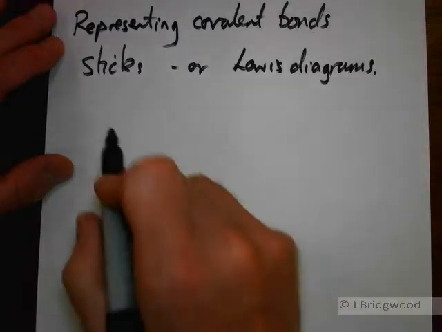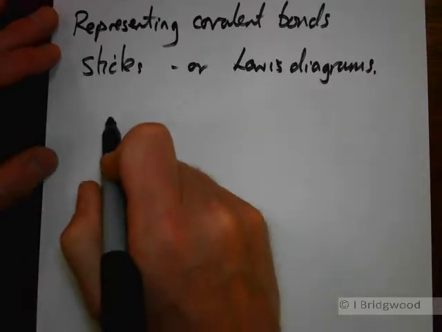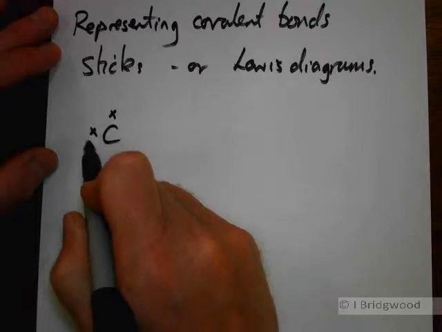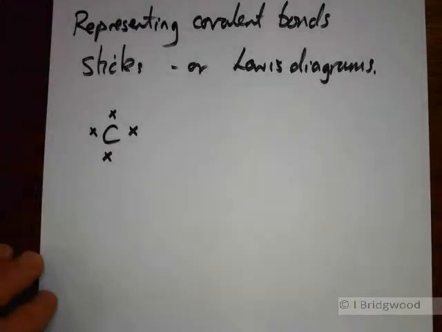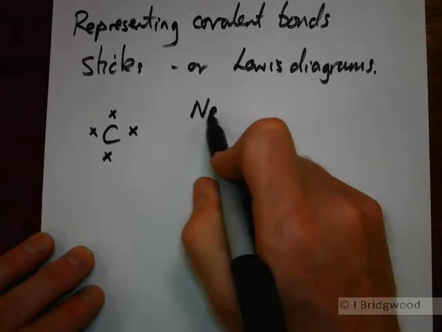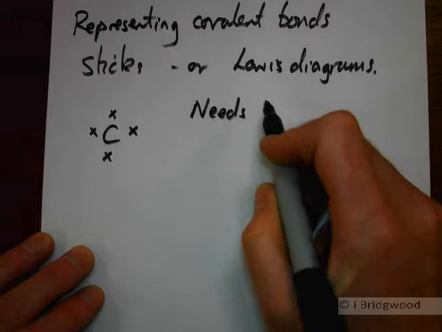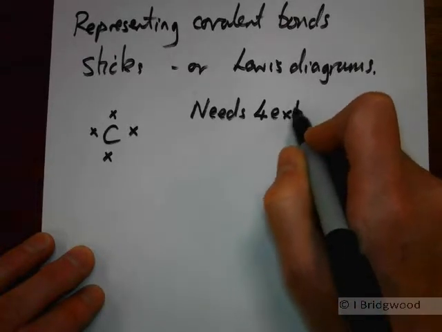So let's take carbon as our example here. Now carbon, of course, normally in its isolated form has 4 electrons in its outermost shell, like that. Therefore it needs 4 extra electrons to complete its octet.